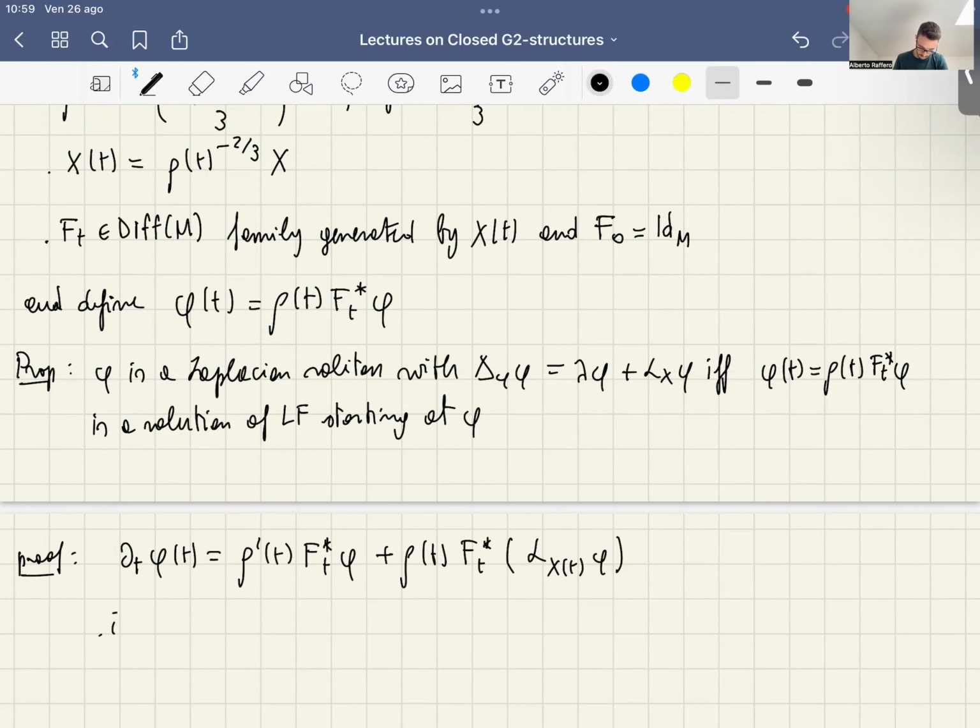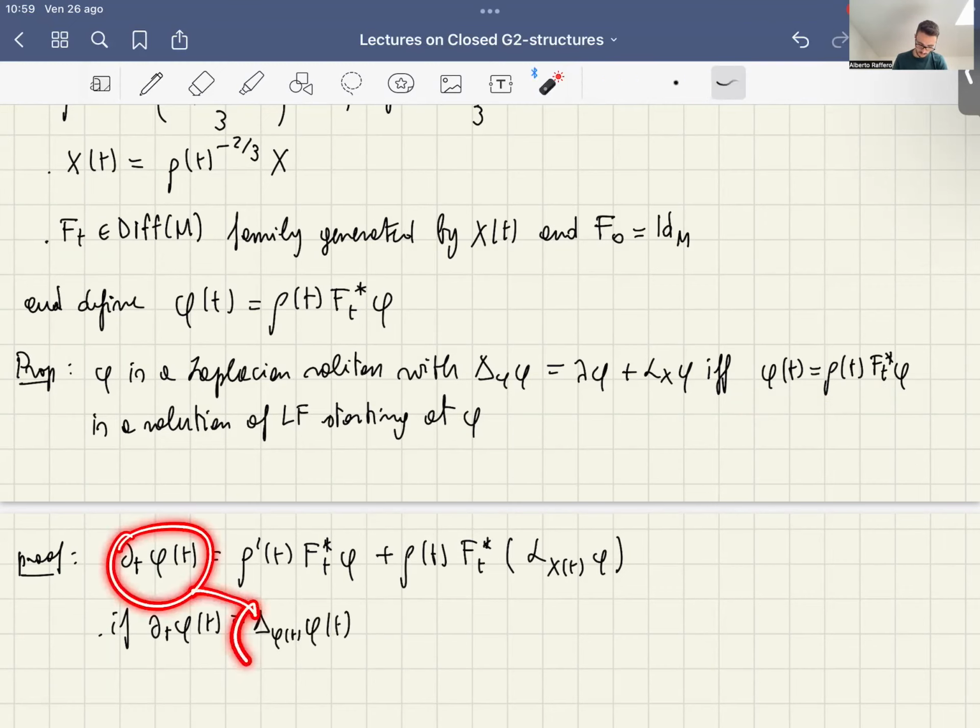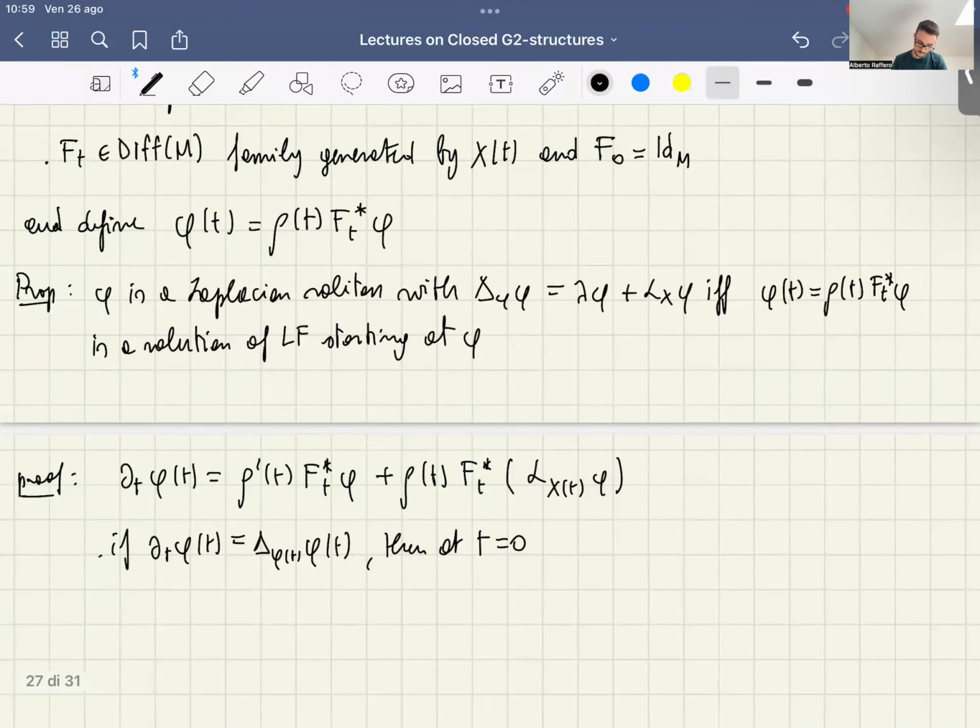And so if phi t defined in this way is a solution of the Laplacian flow, then replacing this d/dt phi with the Laplacian and computing everything at time equal to 0, and assuming, of course, that phi 0 is equal to this phi, we get that the Laplacian of phi is equal to lambda phi plus the Lie derivative of phi.